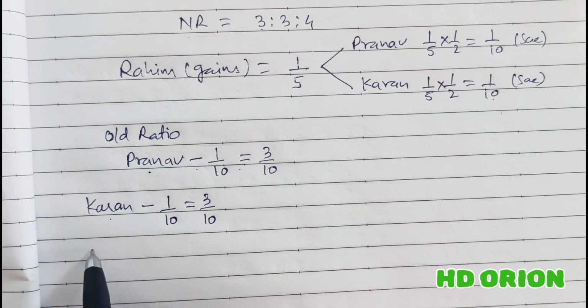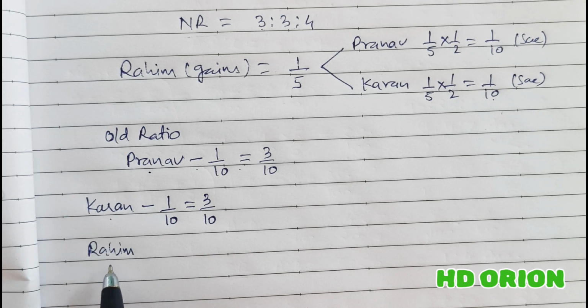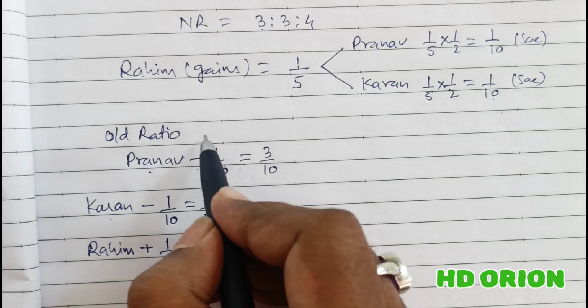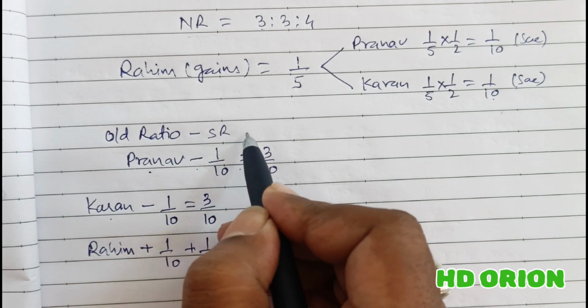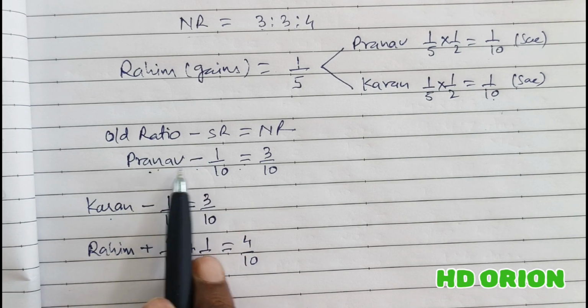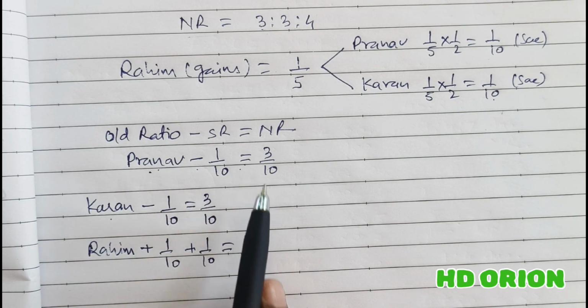And then the last partner, Rahim: whatever was the old ratio of Rahim, plus 1/10 from Pranav plus 1/10 from Karan will give us 4/10. So old ratio minus sacrificing ratio is equal to new ratio.